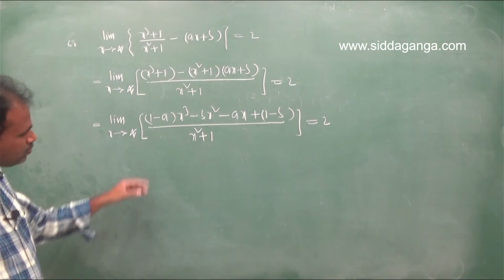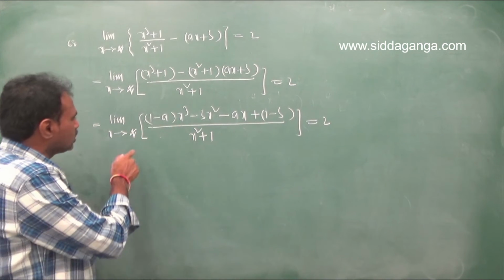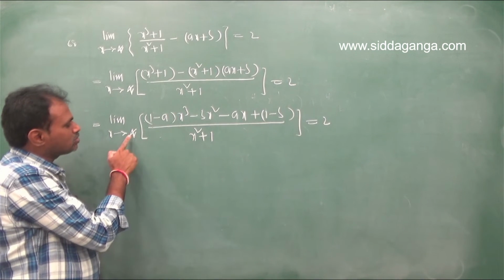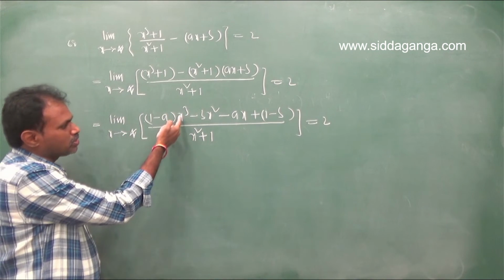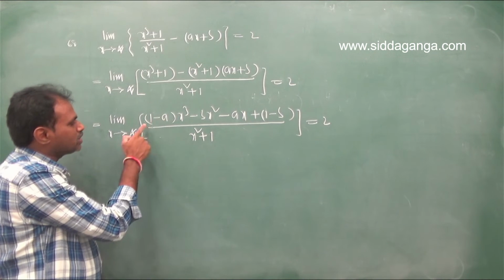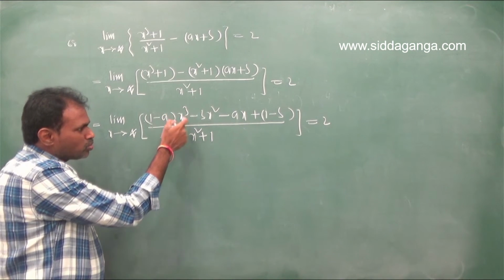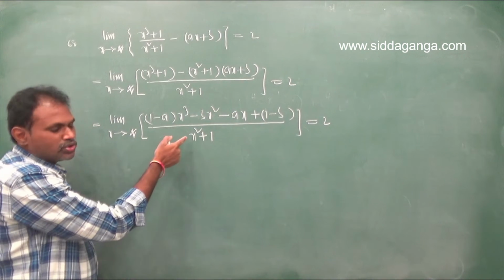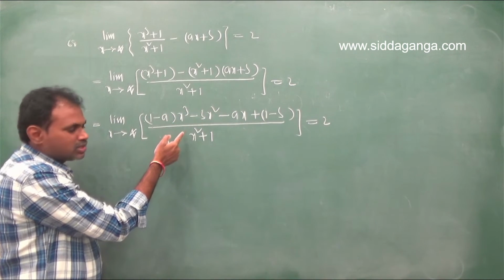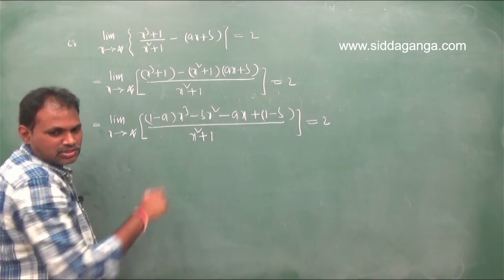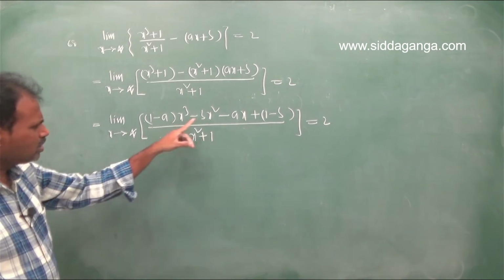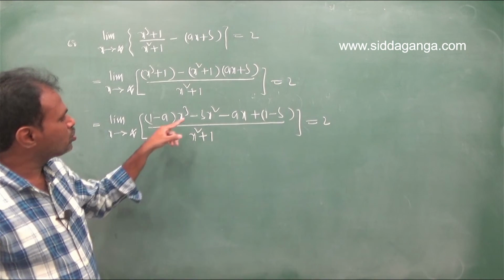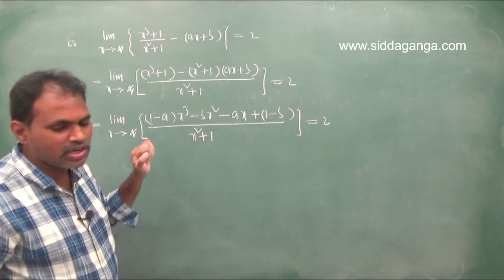If the numerator degree is more than the denominator degree, the result is infinite. If it is less, the result is 0. But here the result is 2, therefore the degrees must be equal.